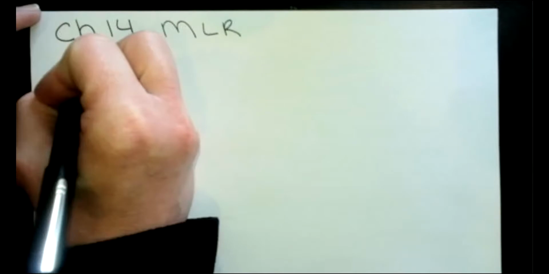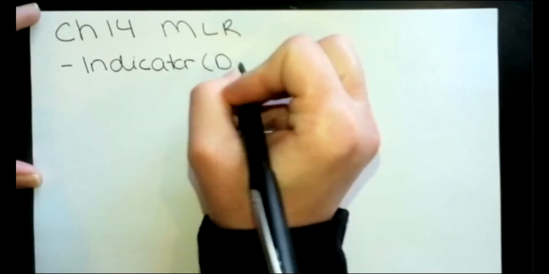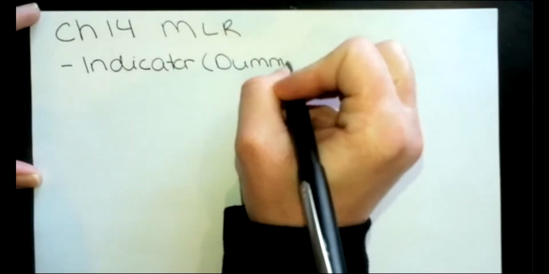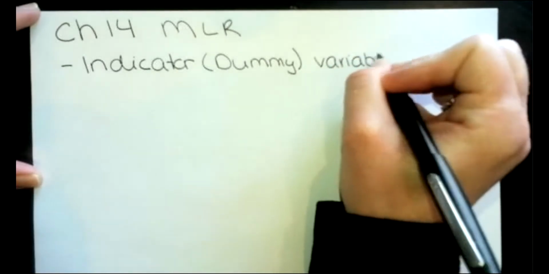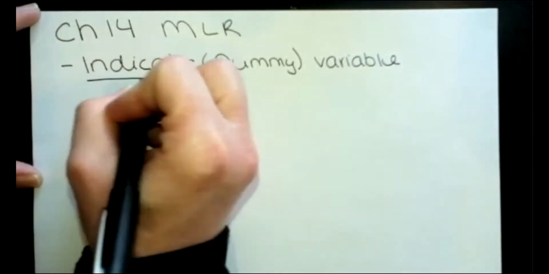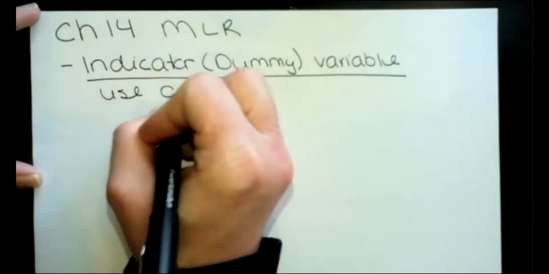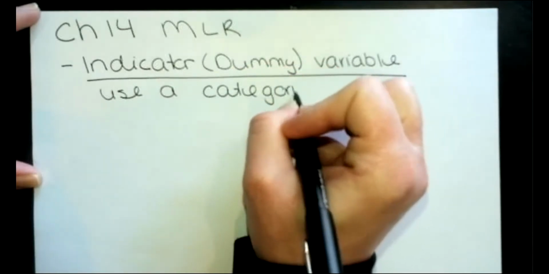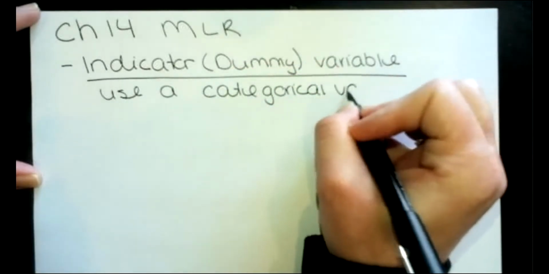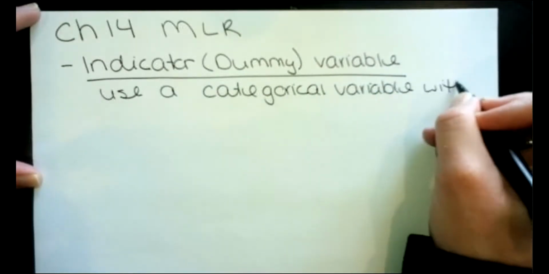This is called an indicator, or we could call it a dummy variable. This is where we use a categorical variable with two levels.